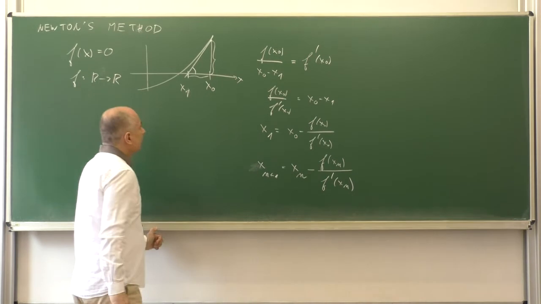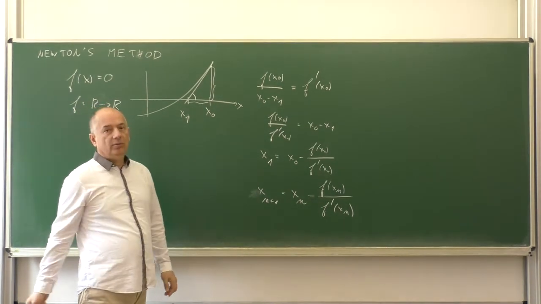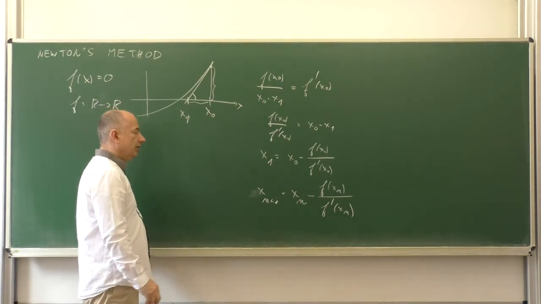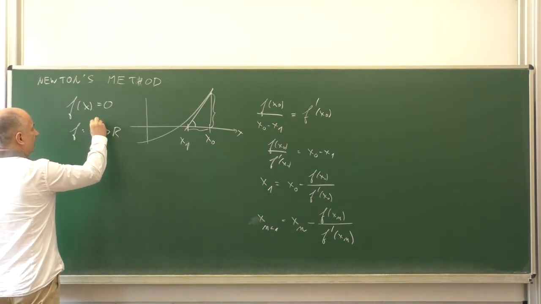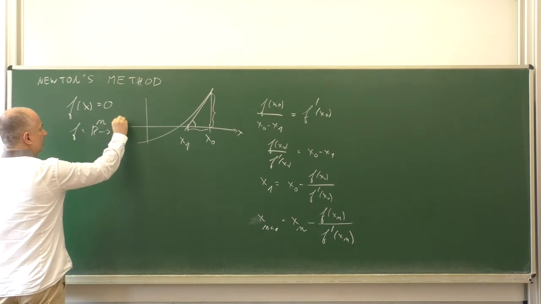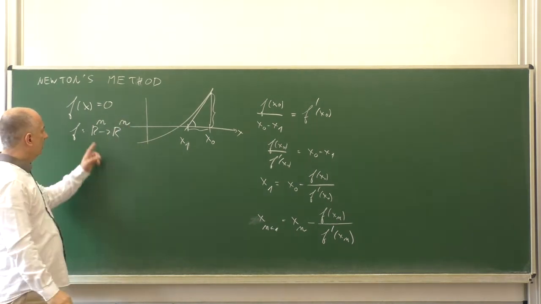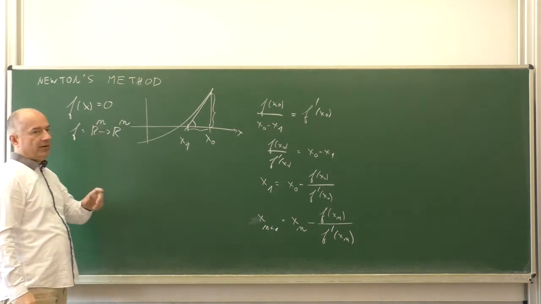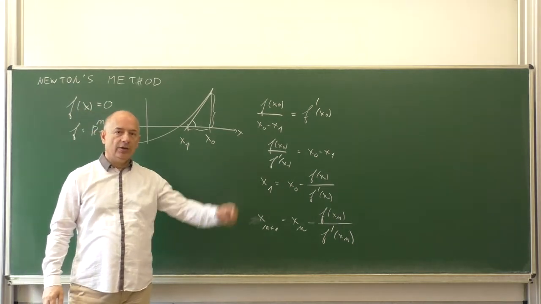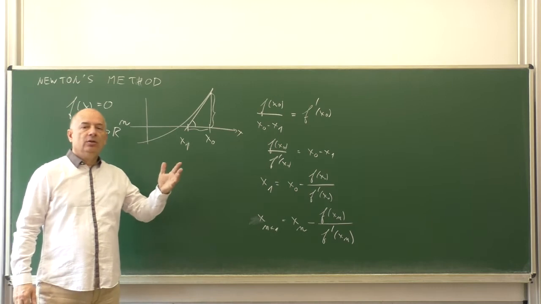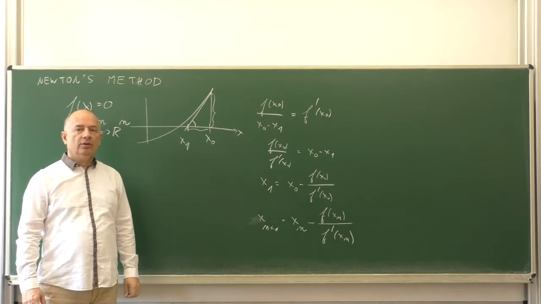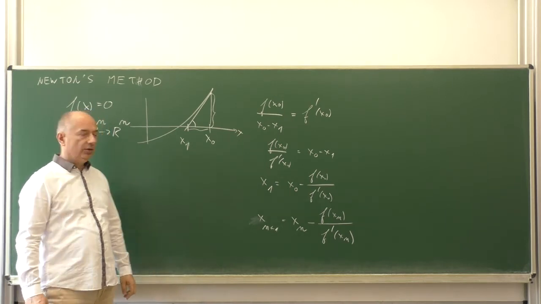And now, if we have a system of algebraic equations, that means if we have f from R^n to R^n, this means that the function f has not just one but n arguments. That means n unknown variables, unknown quantities in the equation.